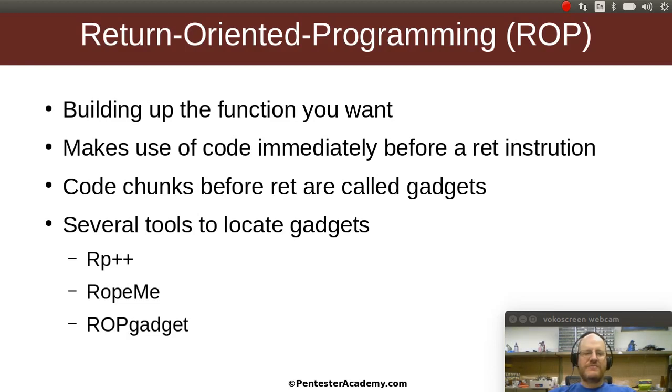There are several tools that can be used to locate these gadgets. One of them, which I will use today, is called RP++. There's another tool called RopeMe, and another one called ROPgadget. There's probably more than just the 3 that I've listed, but these are 3 common ones that people might use.